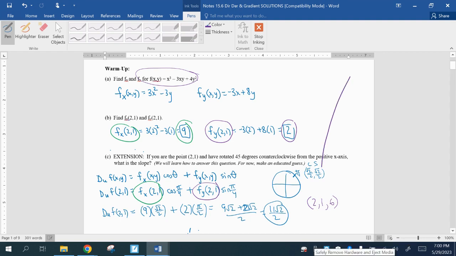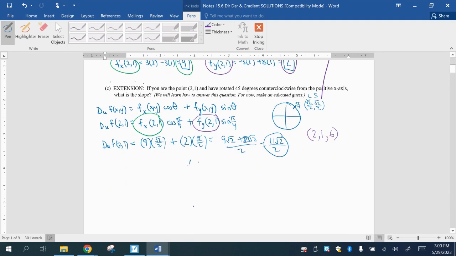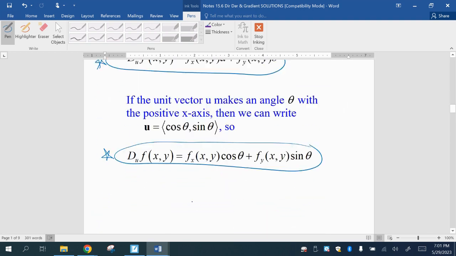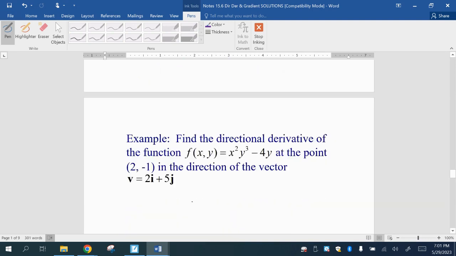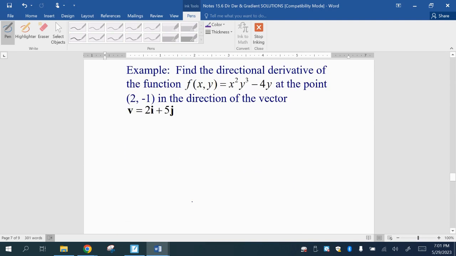So let's now do another example of a directional derivative with a vector. Let's use the other formula for the directional derivative.